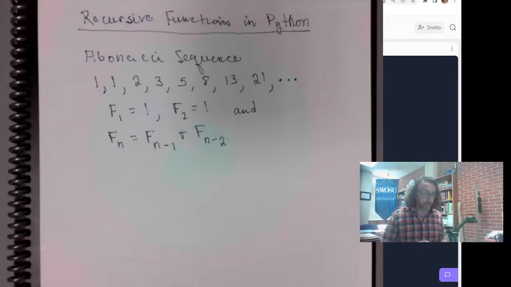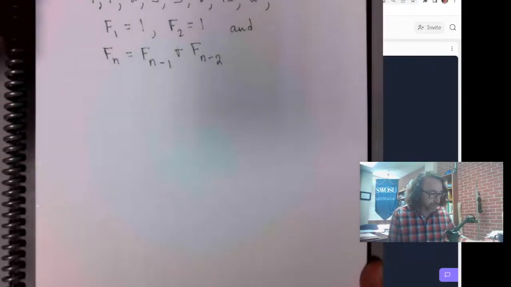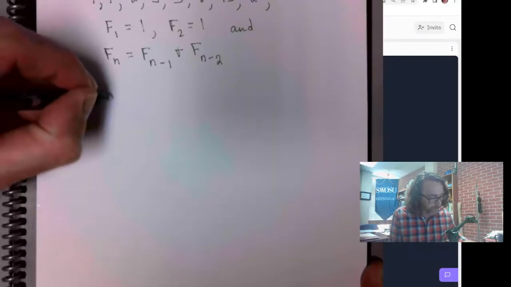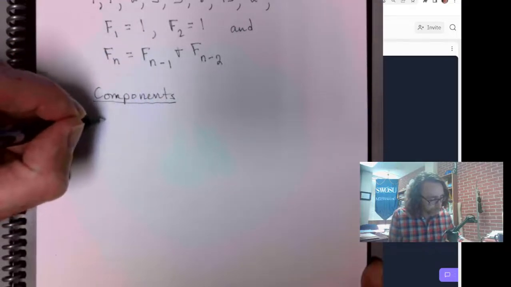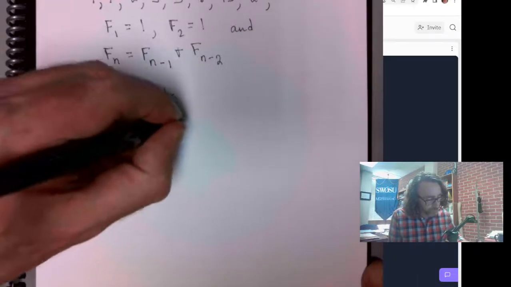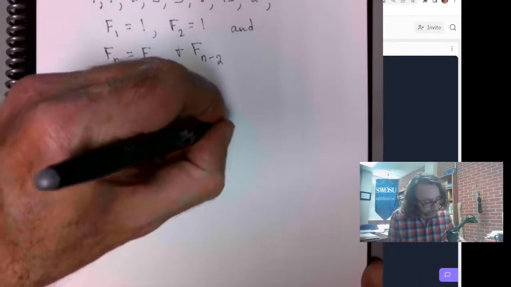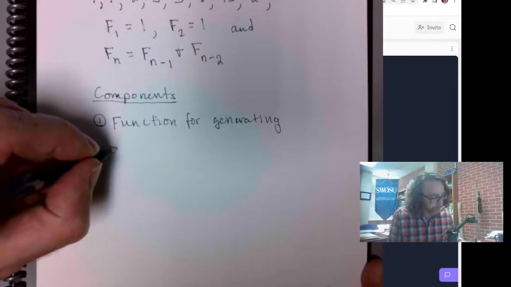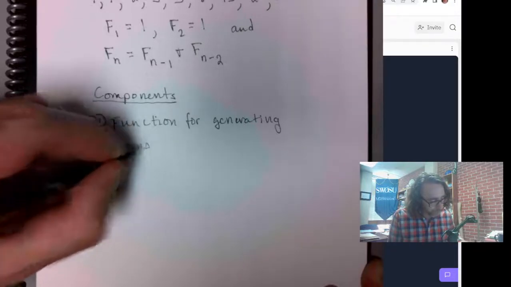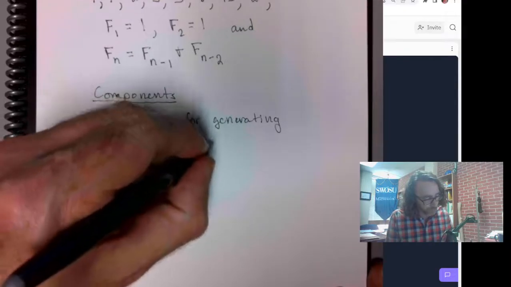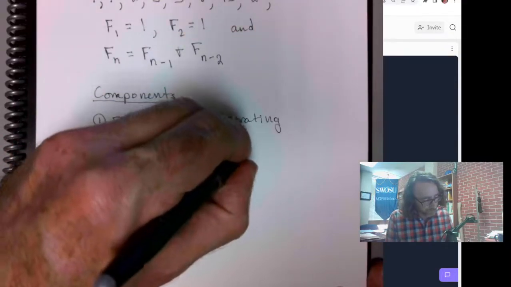So my program is going to have a couple of components. I am going to have a function for generating terms in the Fibonacci sequence.